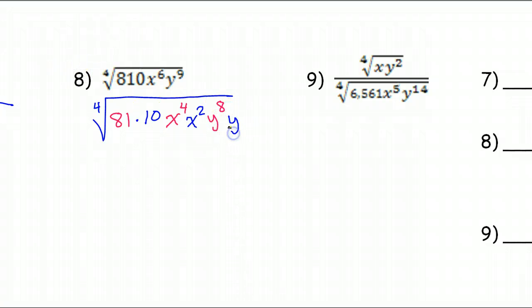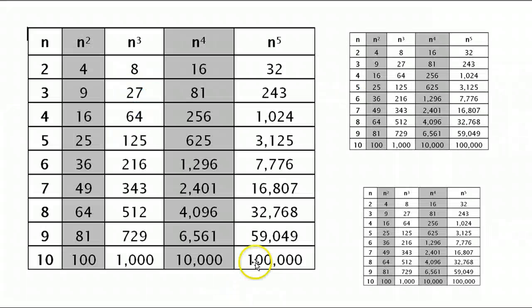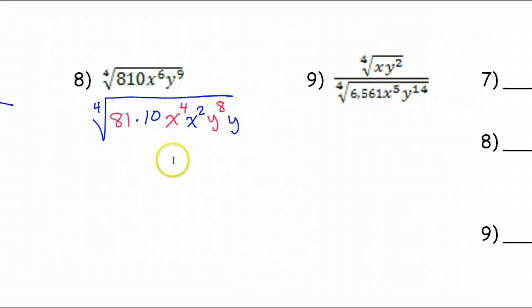And that's going to leave 1y left over for a total of 9. So everything in pink is going to simplify and come out. Fourth root of 81 is 3. So this 81 is going to become 3.